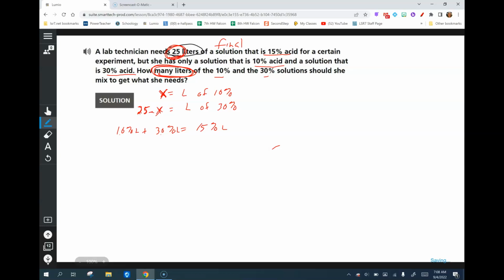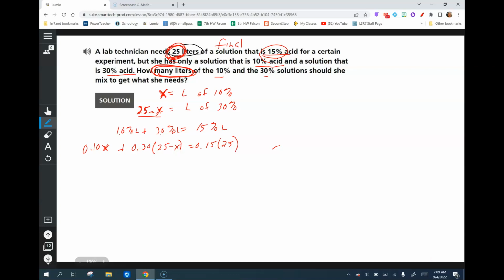So in place of the 10%, 0.10, change it to a decimal, that's x. Plus 0.30 times 25 minus x is equal to my total of 25 times 0.15. Okay, and I'm going to pause now and have you solve that equation.